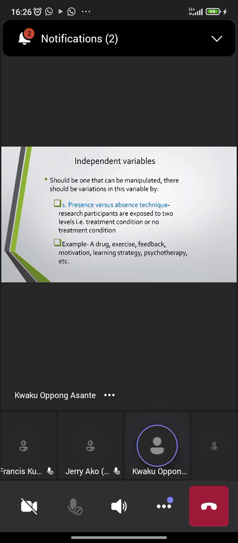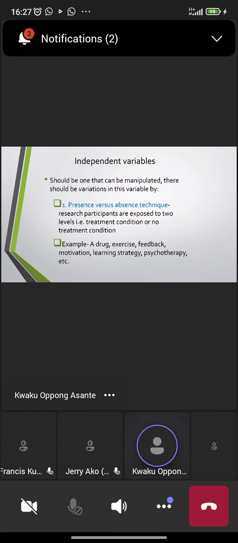Okay. So we want to find out the effect of alcohol intake on maybe risk perception of commercial drivers in Accra, Ghana. We want to see the effect of alcohol on risk perception.